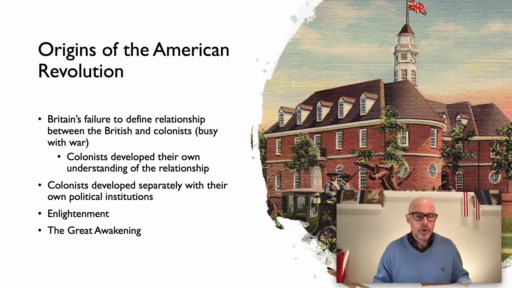There were two parties, or two factions, within the British government that wanted to decide where British America fit. One was more authoritarian, where they wanted to tax them and really wanted to control them as part of the empire.